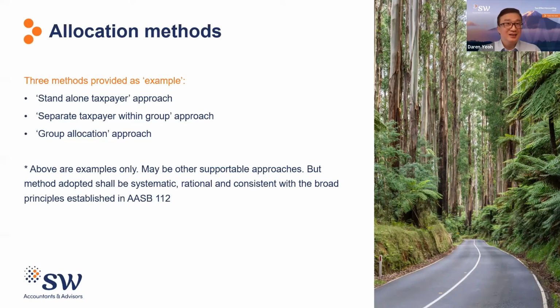That is not taxed. Our preference is to use the standalone taxpayer approach. Therefore, your tax expense more accurately reflects the economic position of that entity. The final group allocation approach is to allocate the balances in a fair and reasonable manner, and really you have to use 1 or 2, the approaches at the top, which we discussed.